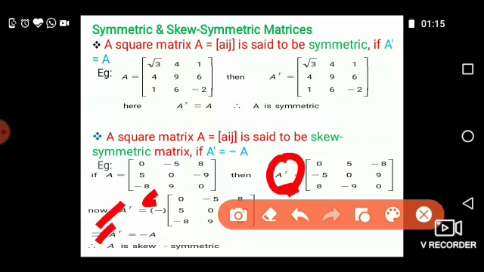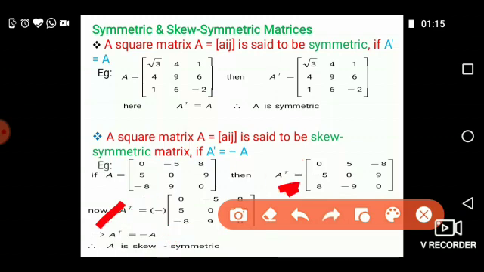Therefore, A dash is equal to minus A. Such matrices are called skew symmetric matrices.